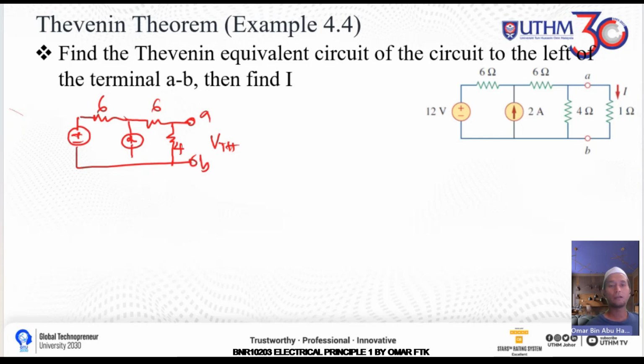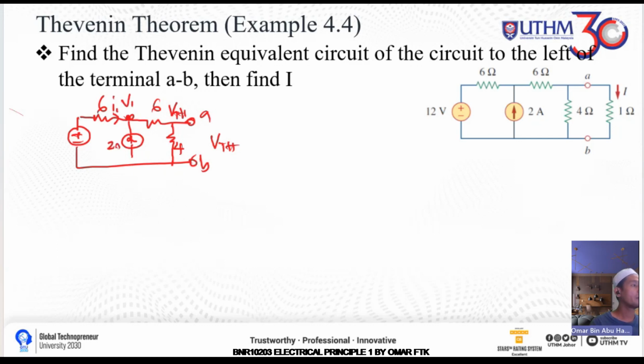In order to get the VTH, you have to do the nodal analysis that you learned previously in chapter 3. So let's say this one is V1 and this one is VTH. VTH over here.